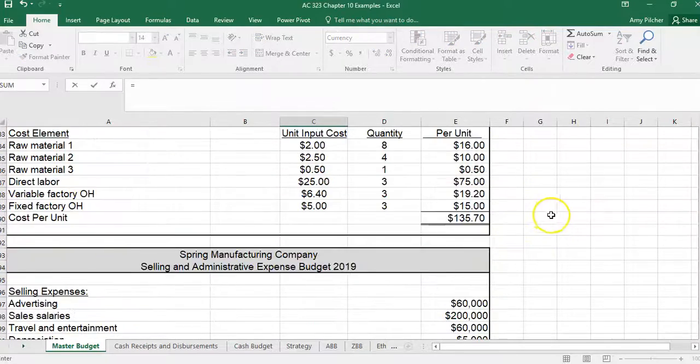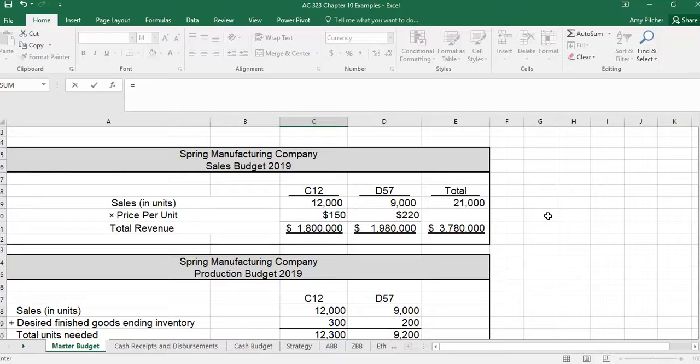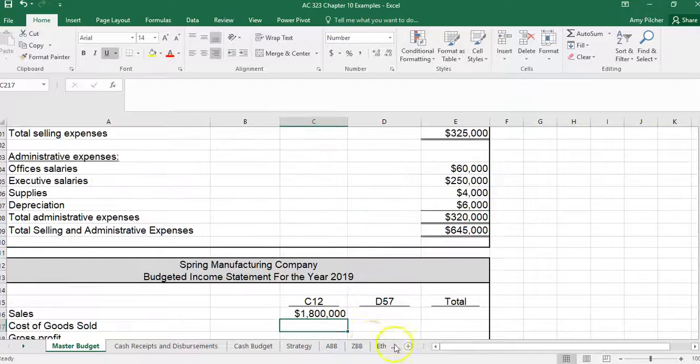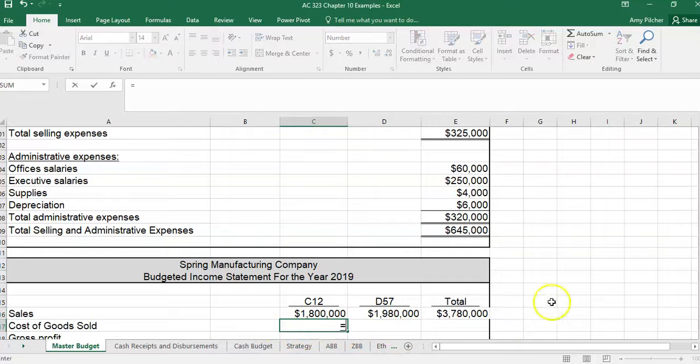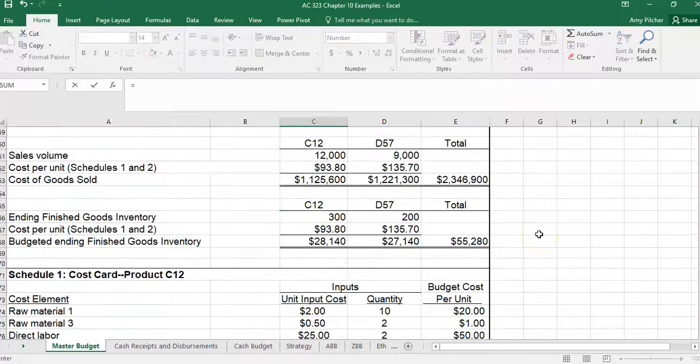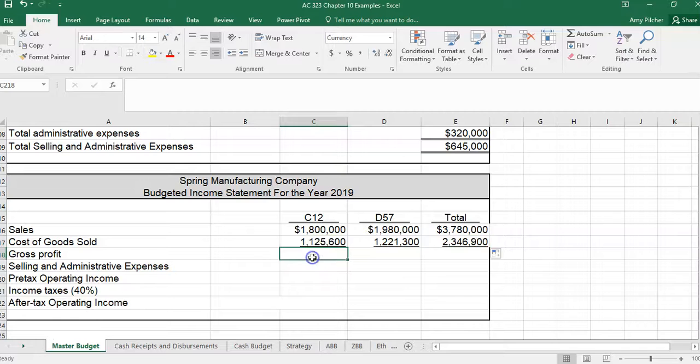So we start with our budgeted sales. Next, we would have our budgeted cost of goods sold. Gross profit, sales minus cost of goods sold.